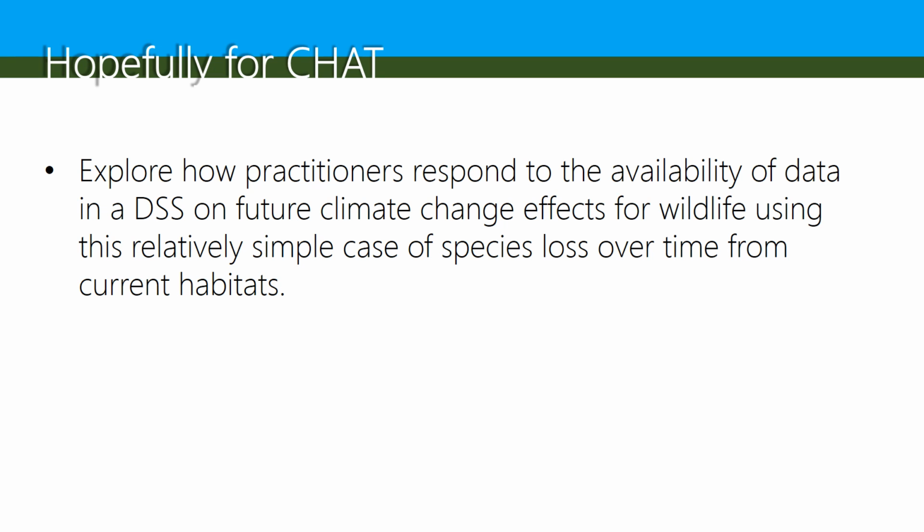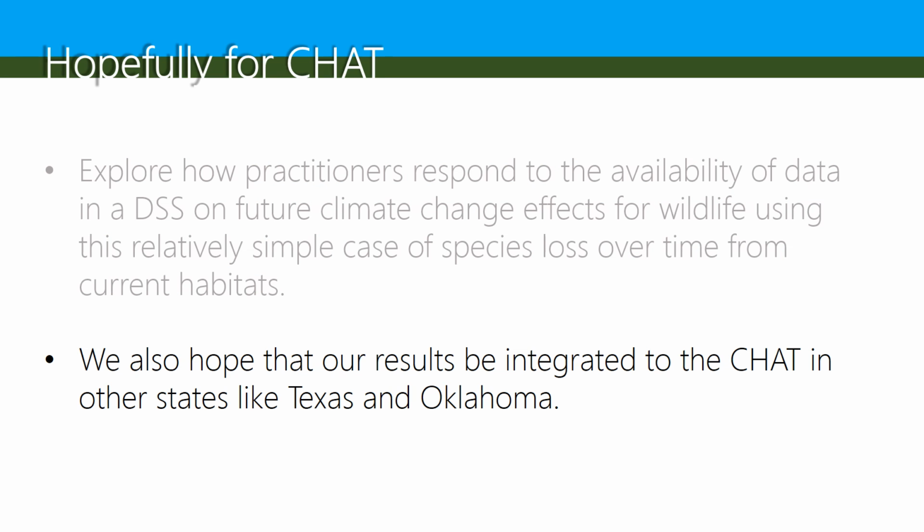We hope to explore and learn more about how practitioners would respond to the availability of RDLI online, which really tells the effects of future climate change for wildlife in New Mexico. And we also hope that our results would be integrated into the other CHATs in some other states, like for instance Texas and Oklahoma.